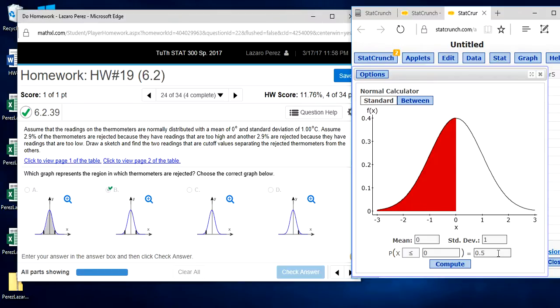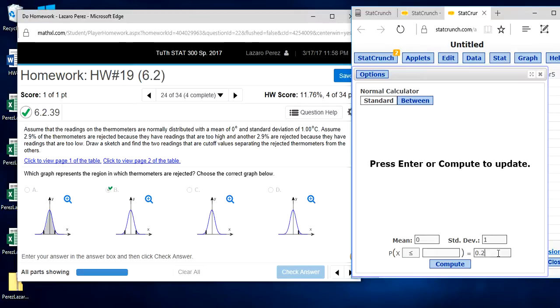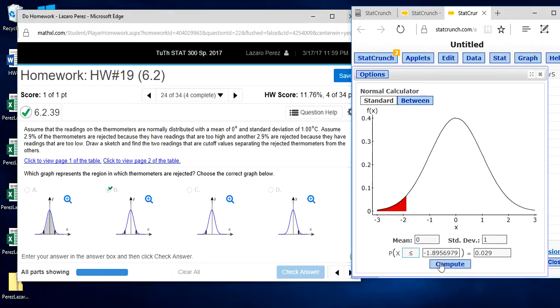If we type in the area of 2.9%, StatCrunch will give us the z-score. So 0.029, and X is less than. And you see the graph shows correct. So let's go ahead and put that in.